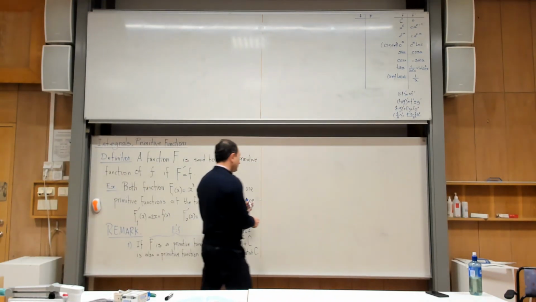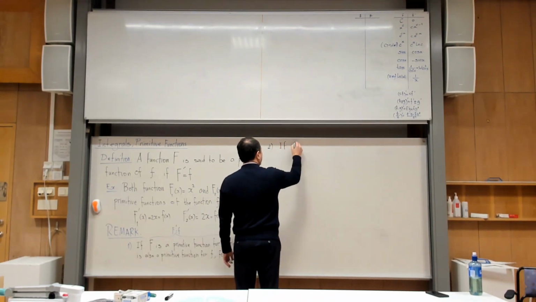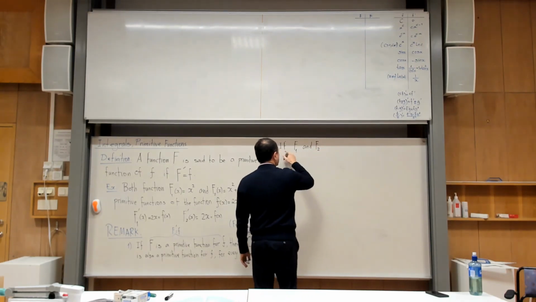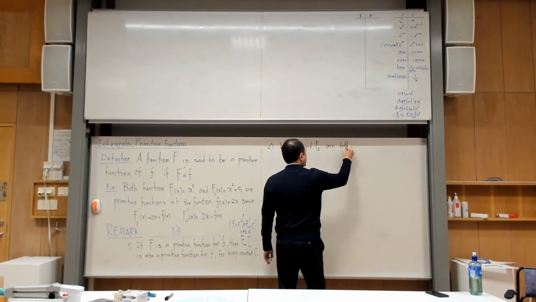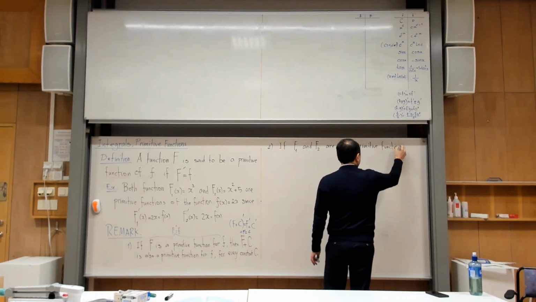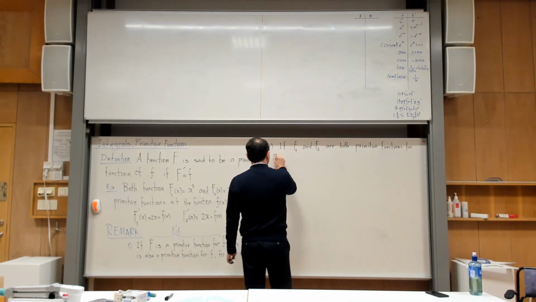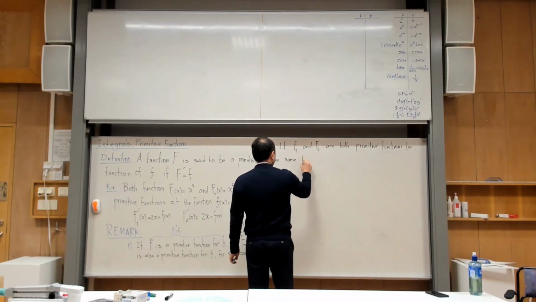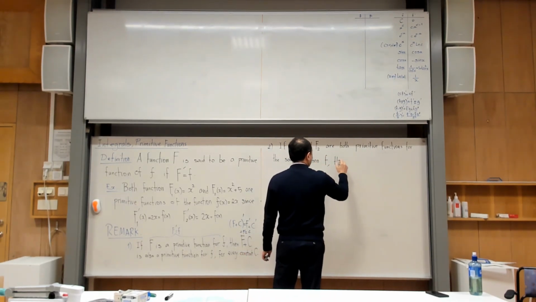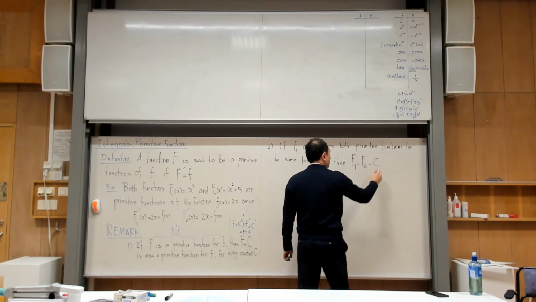So number two, if capital F, let me write F1 and F2, capital F1 and F2 are both primitive functions for the same function little f, then one of them is the other one plus a constant, for some constant c.